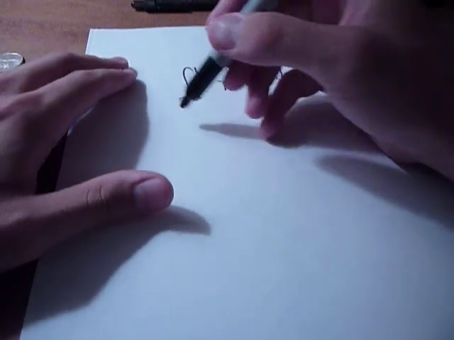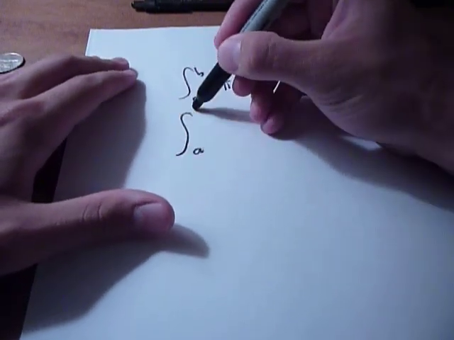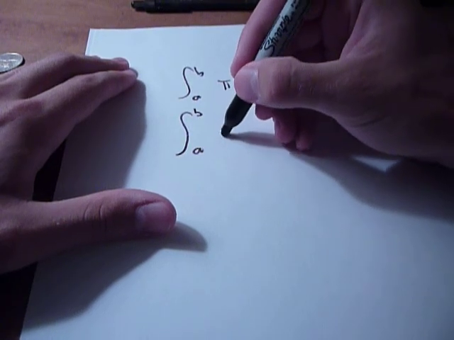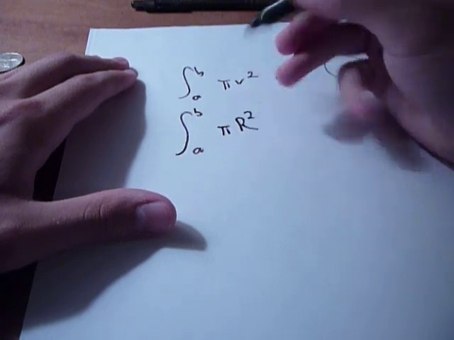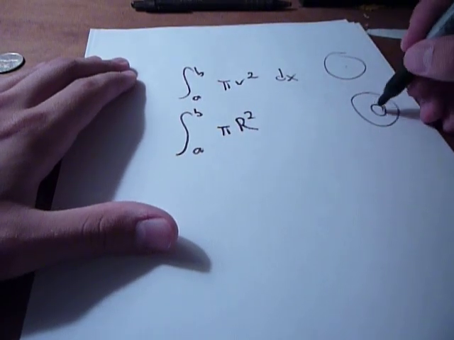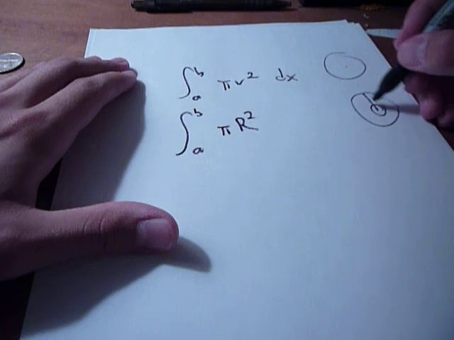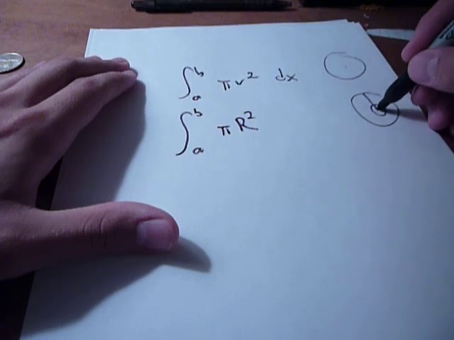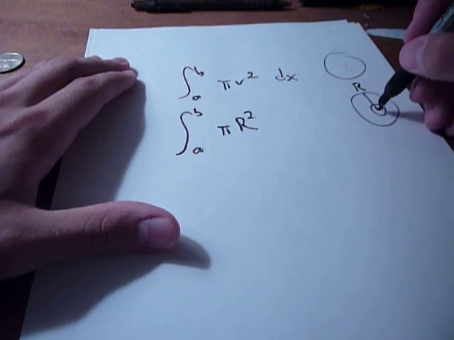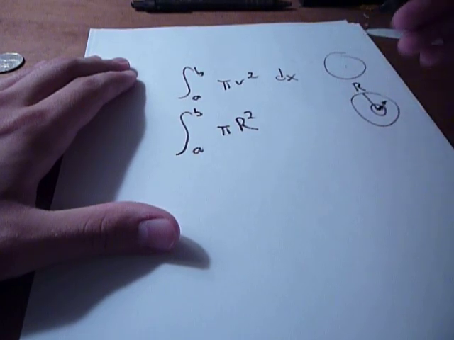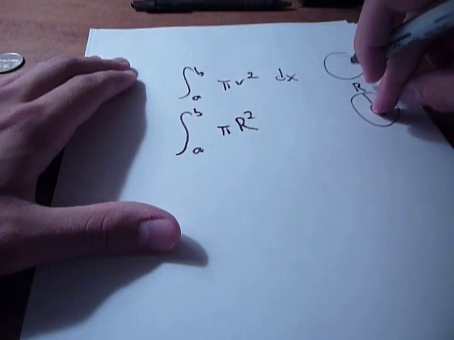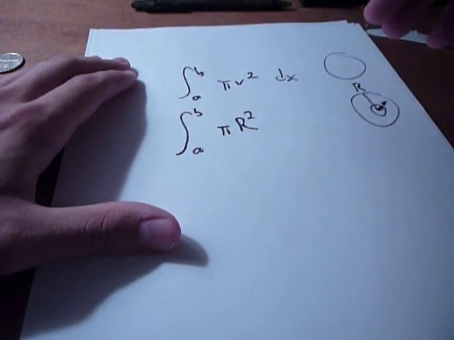In the case of washers, you get the integral from a to b of pi R squared. This is the outer radius. So let's draw another washer. This is the outer radius, here is the longer line. And then your inner radius is lowercase r. We're going to be calculating that outer area and then subtracting this smaller inside negative space area from that area.